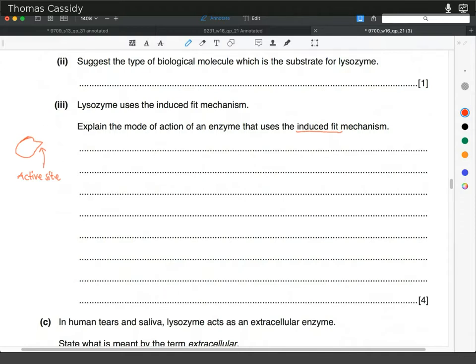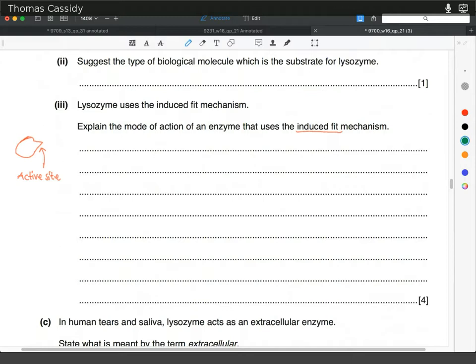How we explain how it works, we're talking about induced fit here. So the idea is that this pointy bit acts a bit like the end of a puzzle piece. So our substrate, in this case this biological molecule that we just named, it doesn't really matter what it is. I'll do this in a different colour so it's a bit clear.